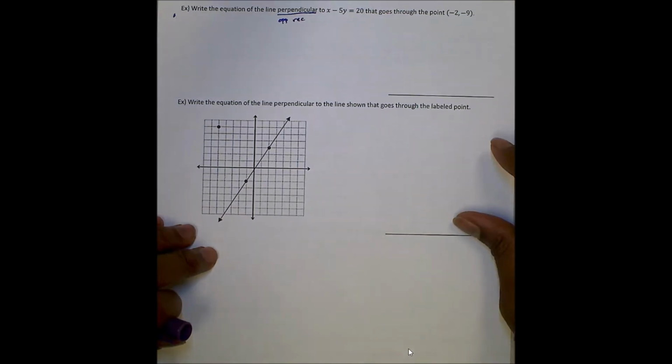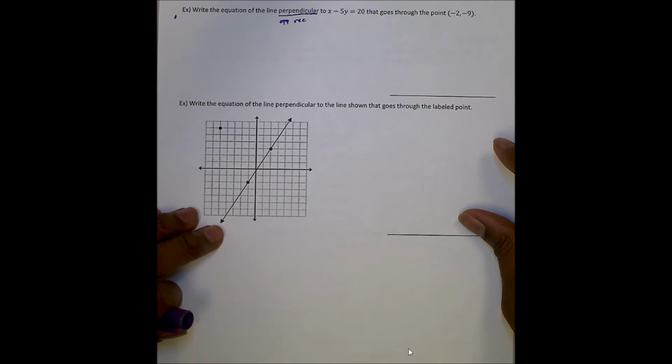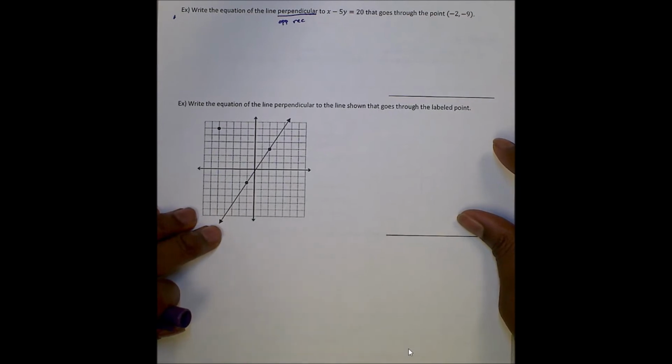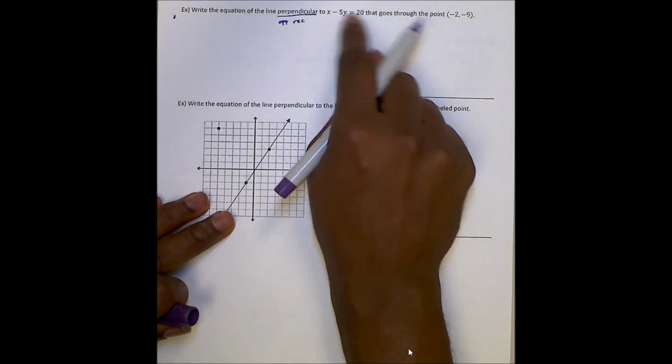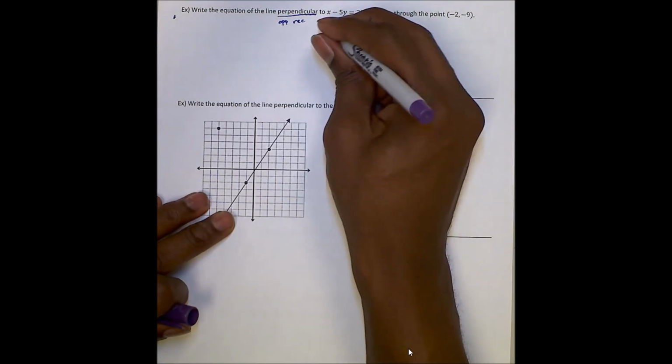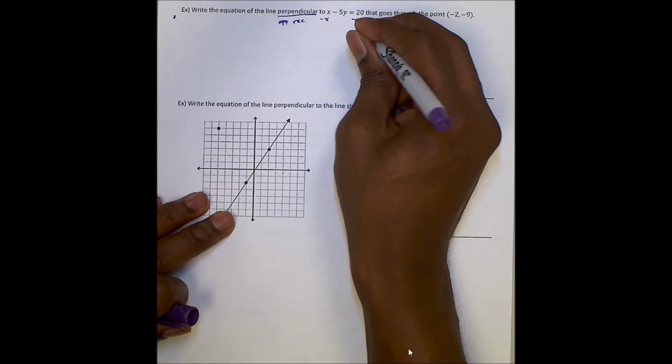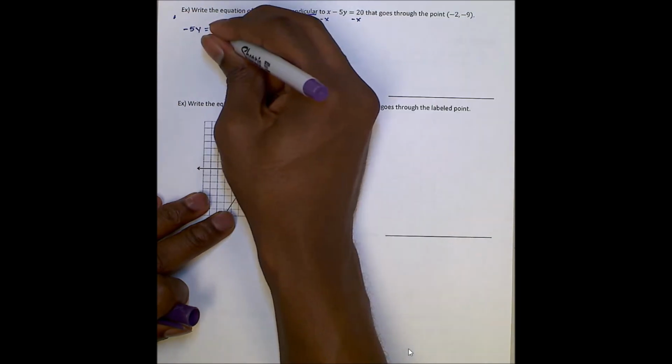Remember that we can find the slope just by looking at an equation if it's in slope-intercept form. That means y is by itself. This is not in slope-intercept form, so we need to put it there first. It means get y by itself. So in order to do that, I'm going to subtract x from both sides. That will leave me with -5y equals -x plus 20.